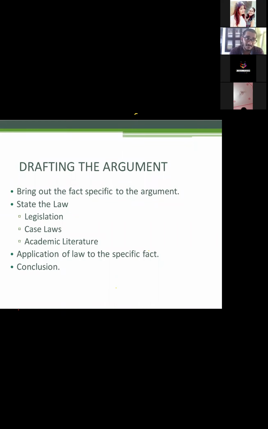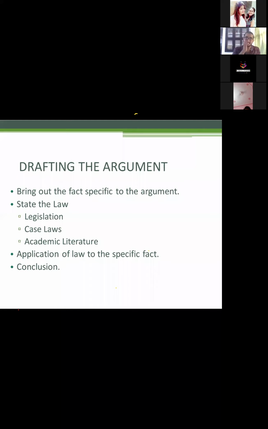For instance, it might be touching a fundamental right, and since it's touching a fundamental right, it can be maintained in the High Court or in the Supreme Court. So you are stating the fact that this matter is touching a fundamental right. That is the fact that you bring out. And the next thing you have to do is state the law. Now, by the time you have done your research, you would have identified your primary authority.